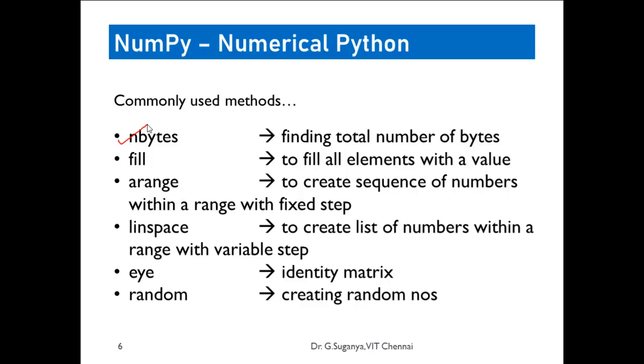It is the number of elements in the array, which is given by size, multiplied by the size occupied per element, which is given by your itemsize. Correct.